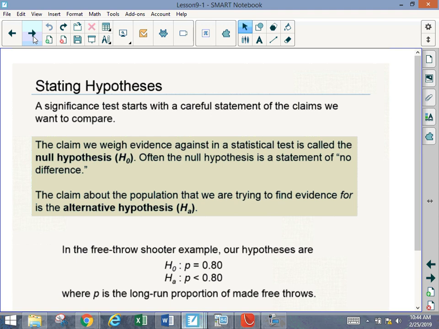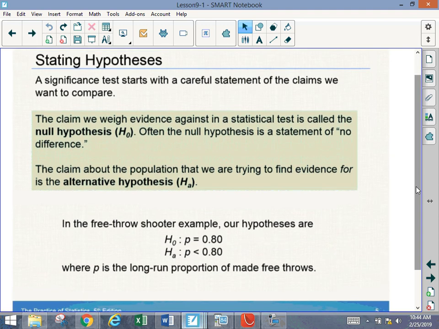So we're going to state a hypothesis. In statistics and in inference, there are actually 2 hypotheses. You have a null hypothesis, which is denoted H naught, or H sub 0.